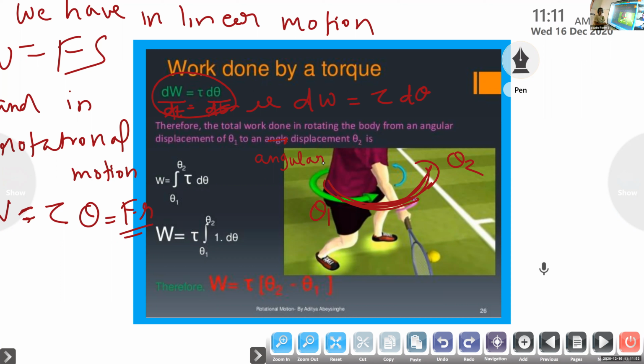Take tau out. You just write d theta because we are going to integrate in terms of theta within the limits theta 1 and theta 2.